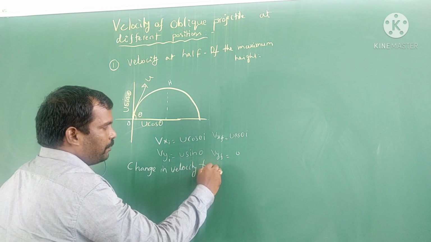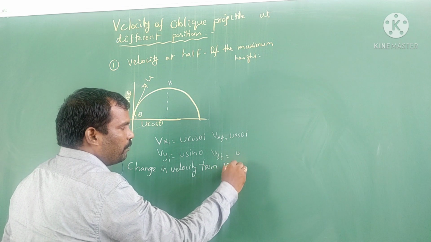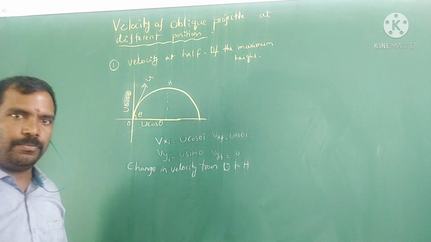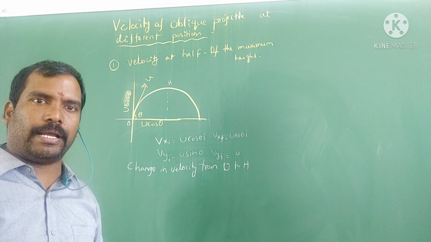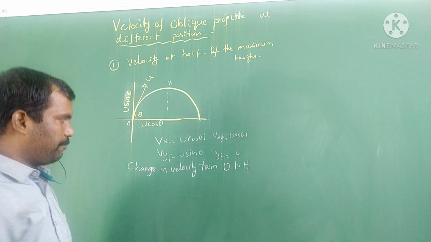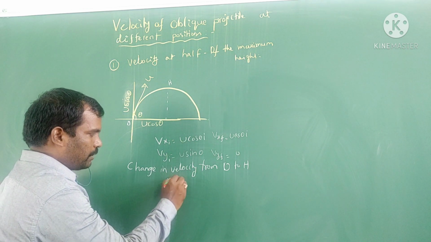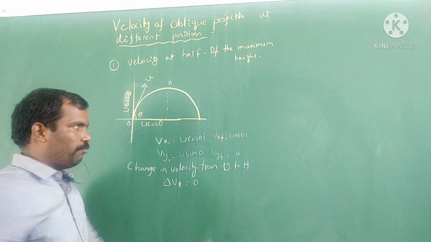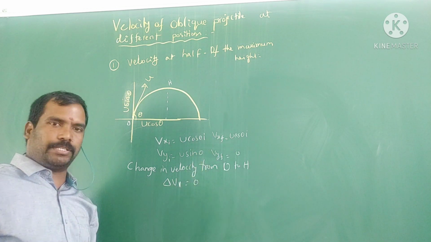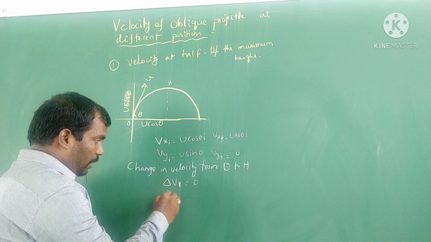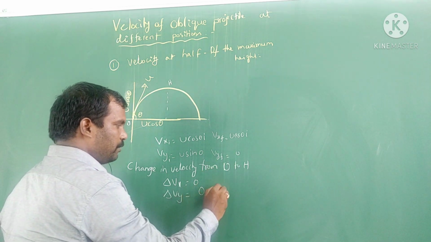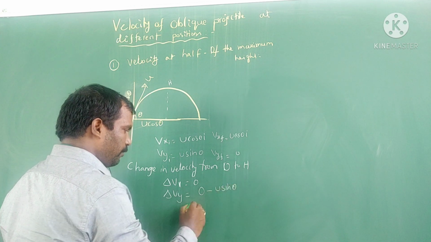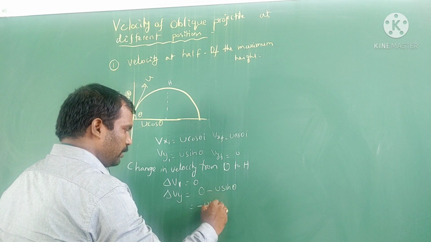I am calculating the change in velocity from O to H, from the point of projection to the maximum height. Therefore, delta Vx is equal to 0. Why? Because this is constant, that's why the change is 0. Delta Vy is equal to 0 minus u sin theta, therefore minus u sin theta.